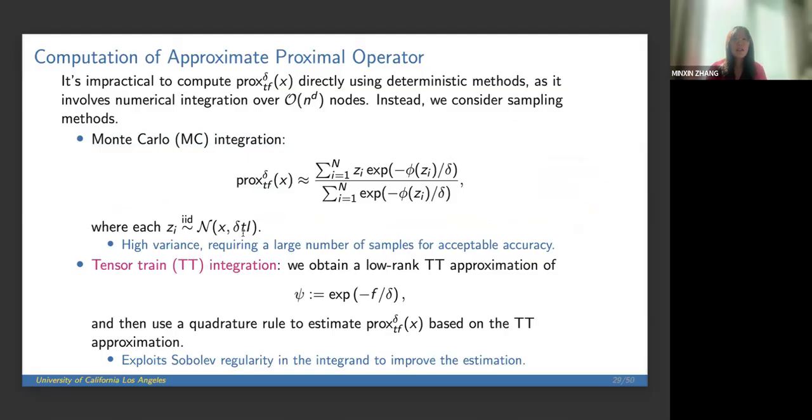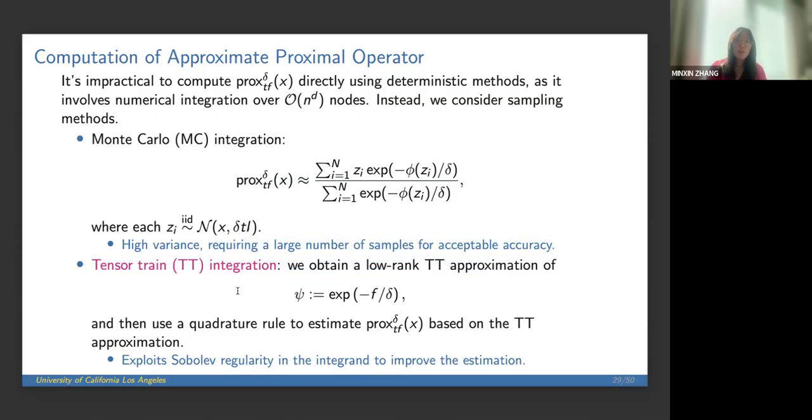Basically, if your current iterate is at x, then you sample a number of points under this Gaussian distribution, and then you do a weighted summation, and you get the estimation of this proximal operator. This method works, but it usually suffers from high variance, especially when the dimension is high, and it usually requires a large number of samples for acceptable accuracy.